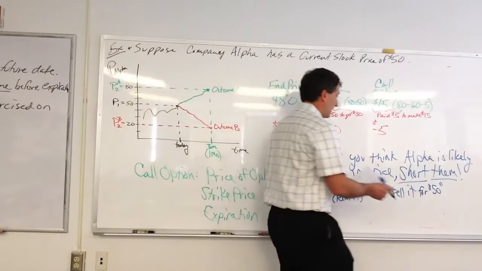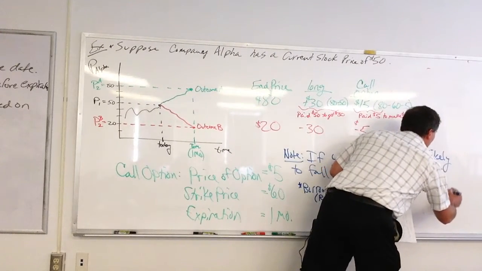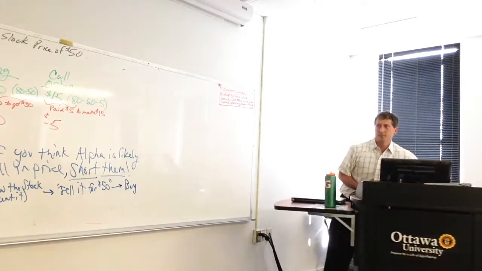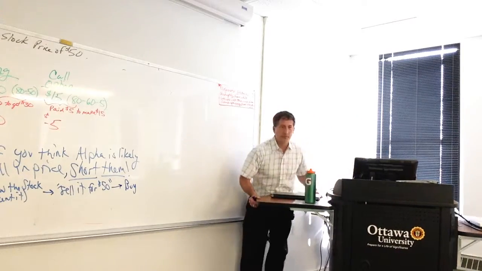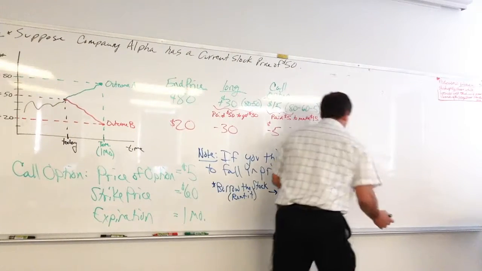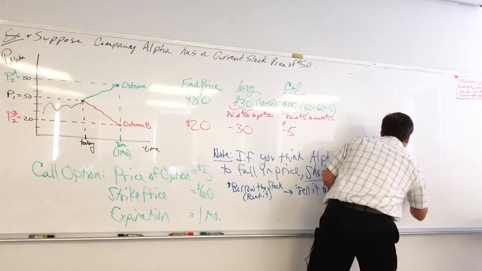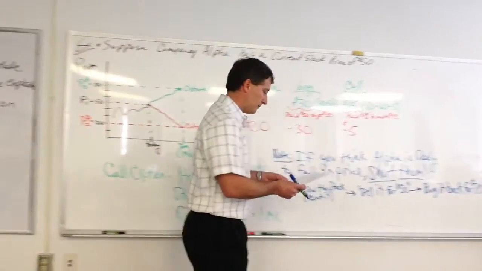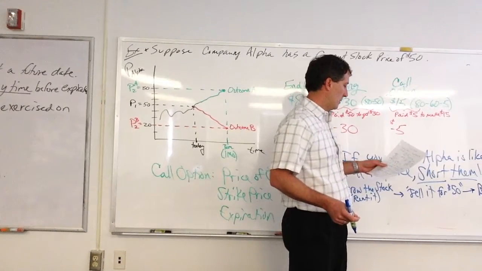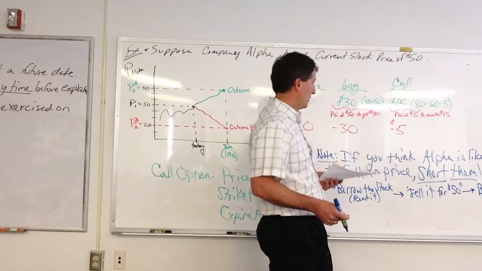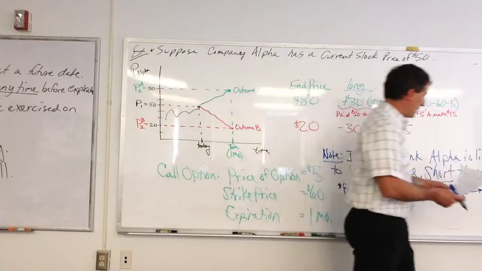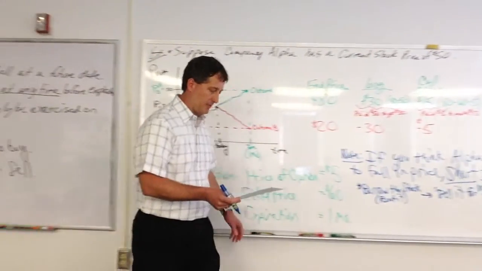So we're going to sell it for 50, and then buy it back for 20. And then after we buy it back, we're going to return it to the owner and make our 30 bucks.